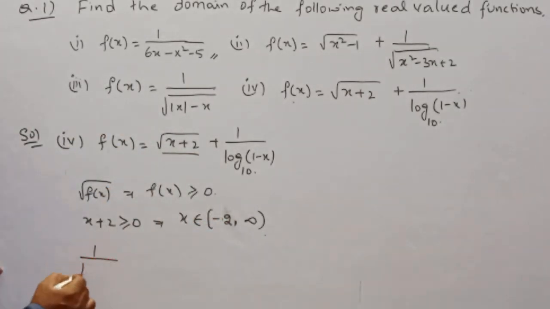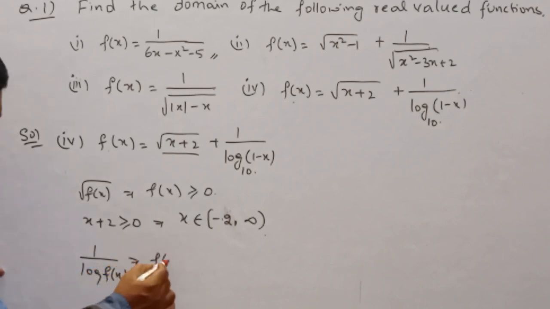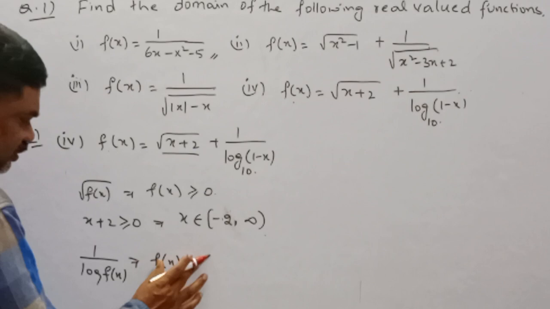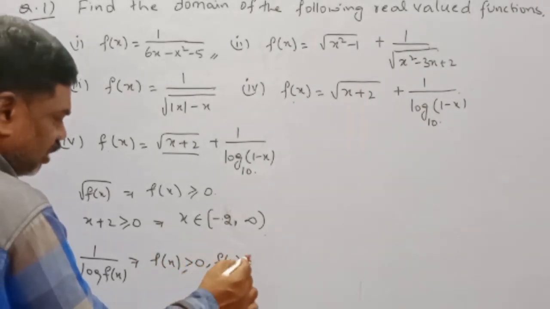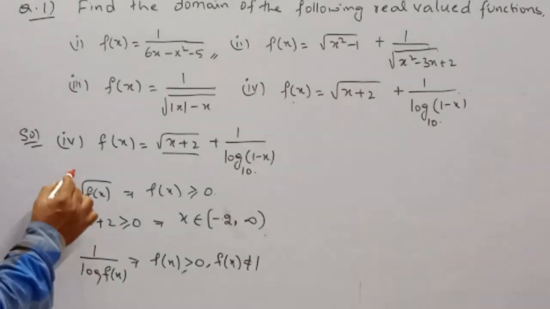So here, 1 by log f of x is there. This implies f of x greater than 0 and f of x not equal to 1. This is the condition.